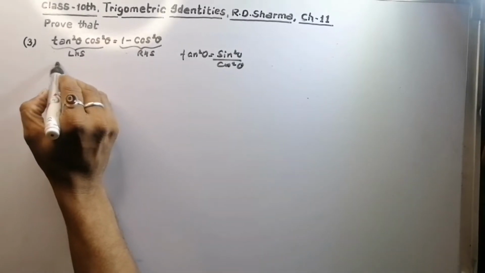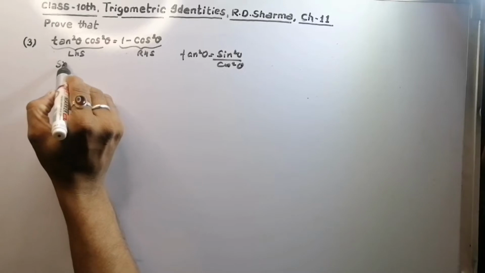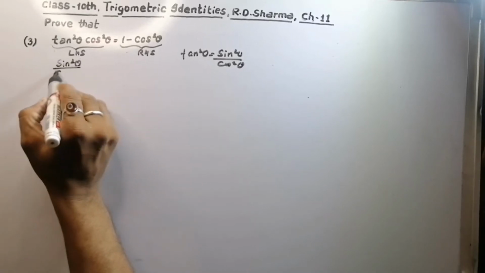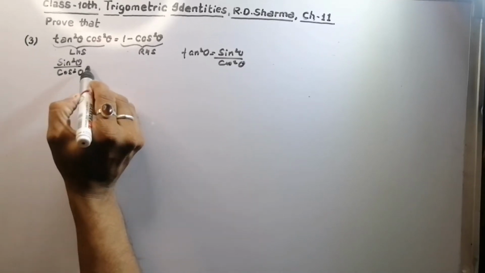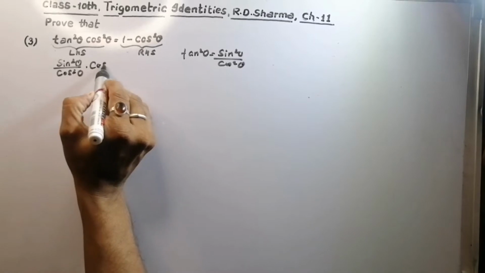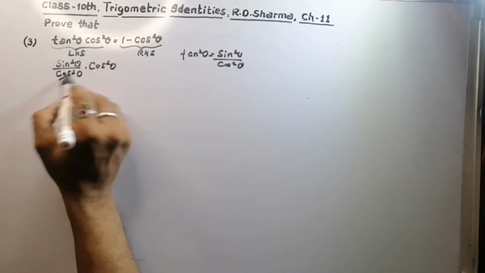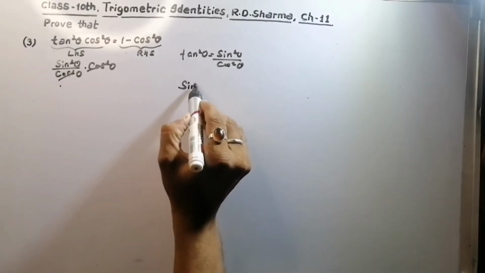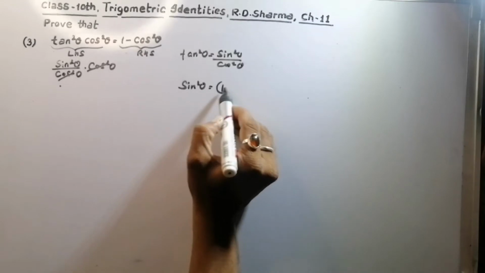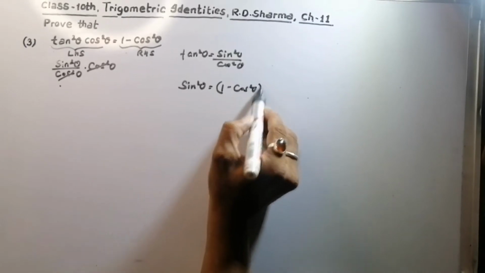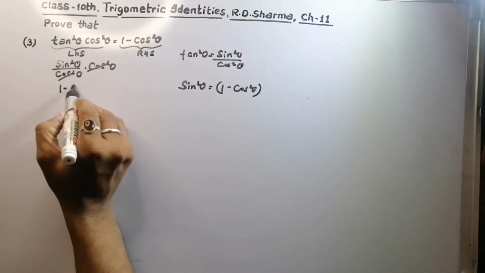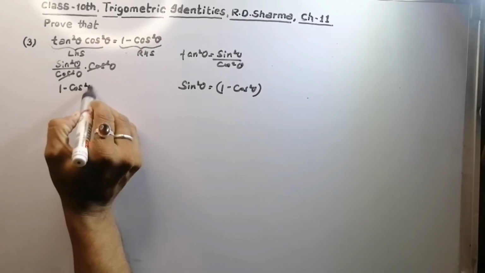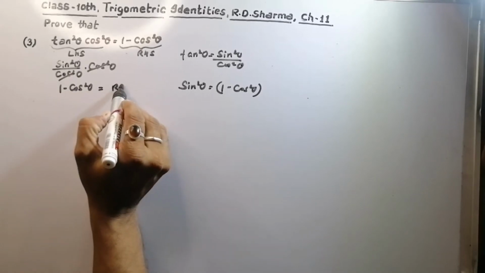So in place of tan square theta we can write sin square theta upon cos square theta into cos square theta. So cos square theta divided by cos square theta, we get sin square theta, and we know that sin square theta is equal to 1 minus cos square theta. So it is our answer. This is equal to the right hand side.